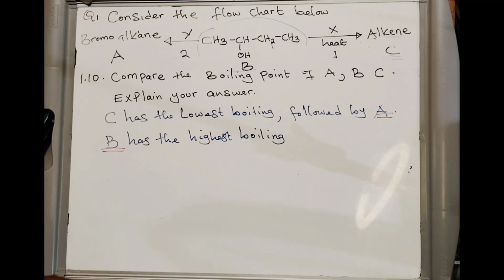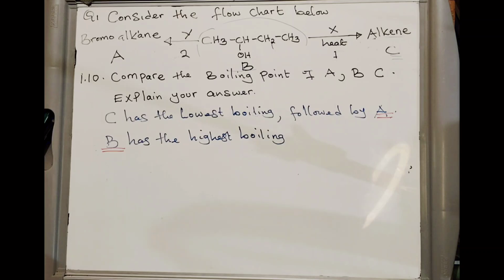The strongest are hydrogen bonds in alcohols, followed by dipole forces in haloalkanes. Then the least is C, which are the hydrocarbons.